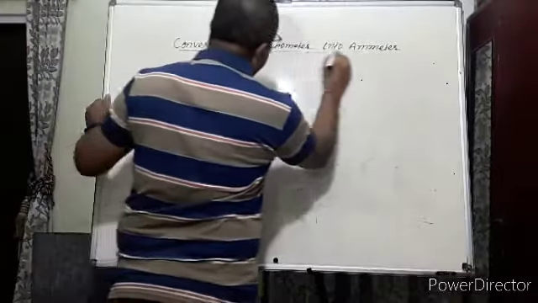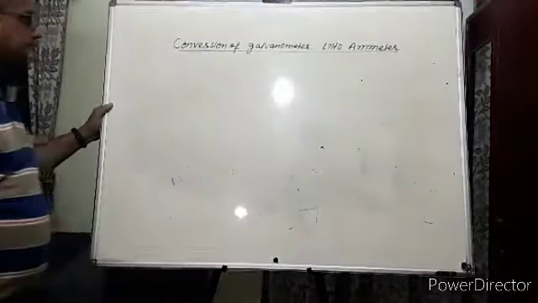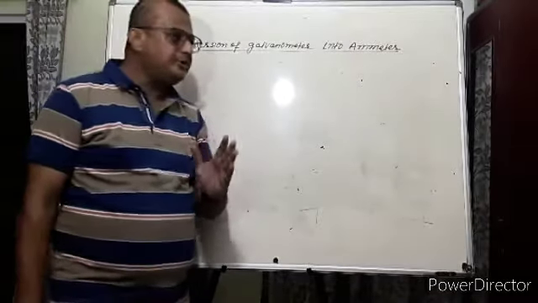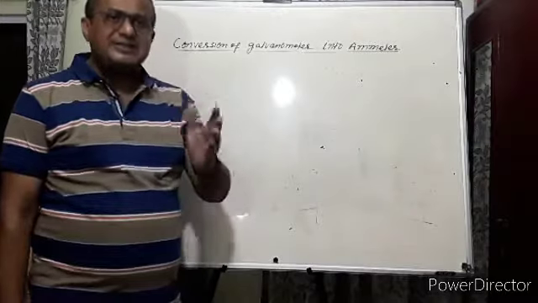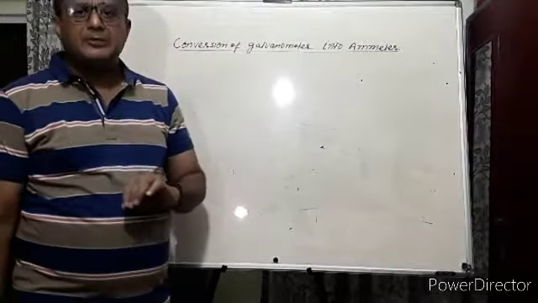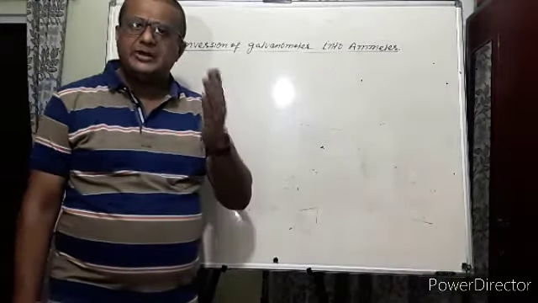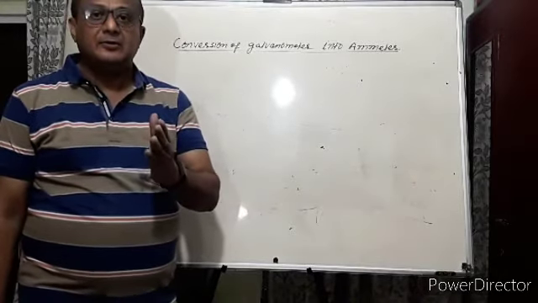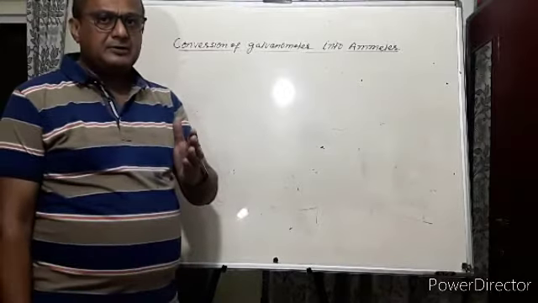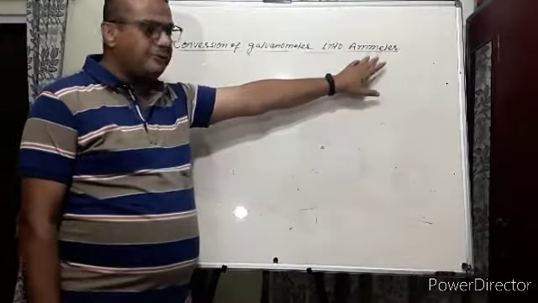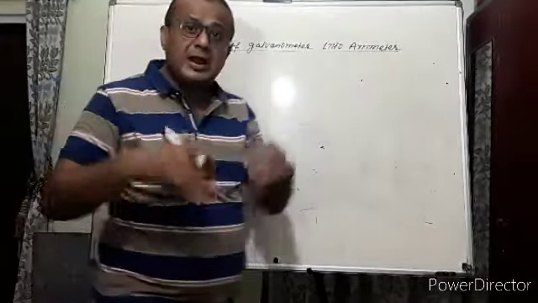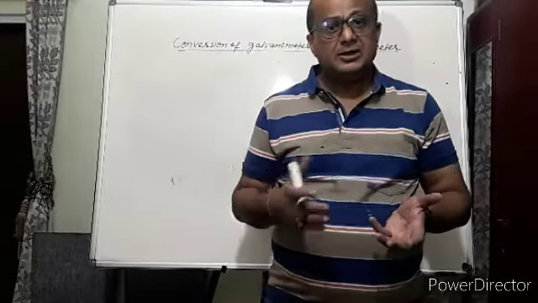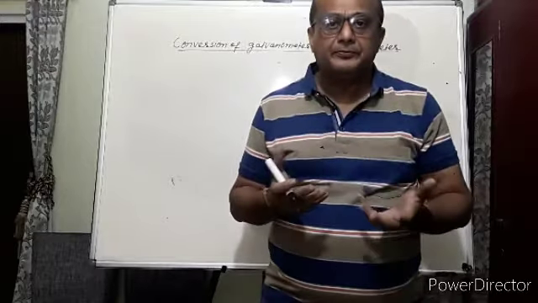You know that a galvanometer detects current, but this galvanometer can be converted into an ammeter. An ammeter is a device by which we can measure current. Measurement of current is done by the ammeter. But we can use the galvanometer in measuring current. But how?